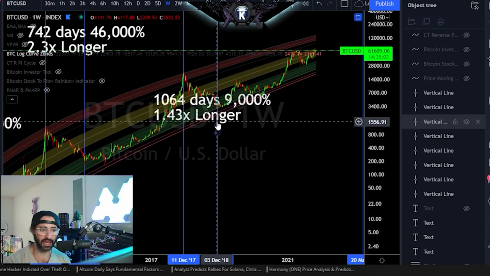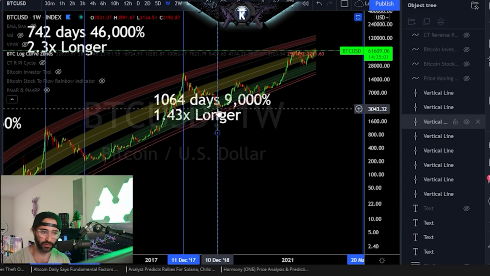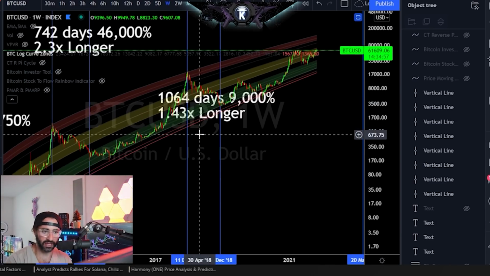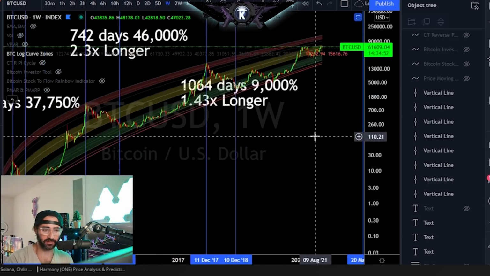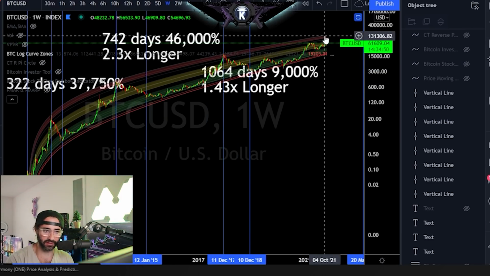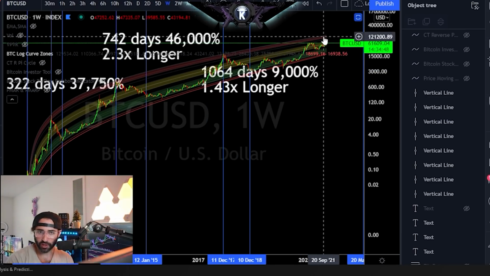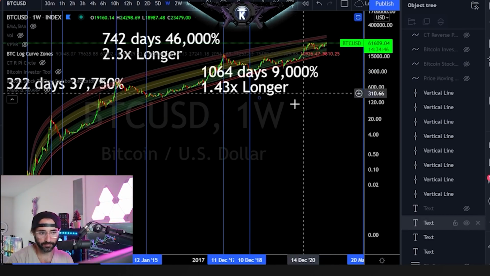Okay, so now we're going to take the low of our current cycle, which is in December 2018, at about 3,100. And so far, we do not have a high. How do we define a high? Well, again, we really want to see it get into the red zone, but this is where I'll offer up that invalidation condition.